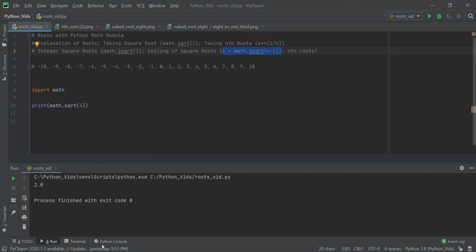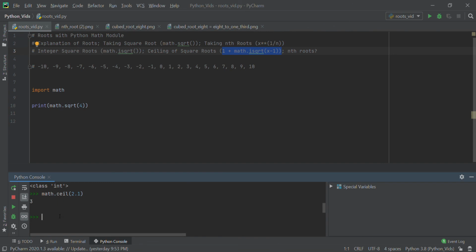So let's just show you really quickly how this works. Let's keep going with the square root of 2. If we were to take the integer square root of 2 minus 1, that would be the integer square root of 1, right? And that gives you 1.